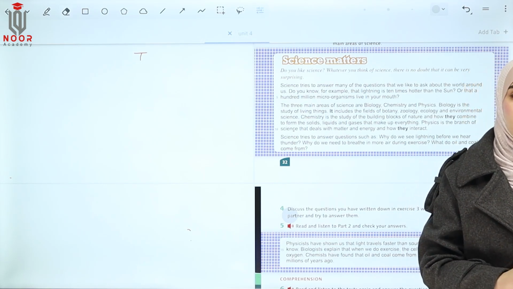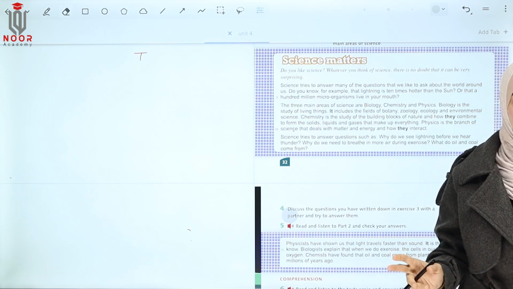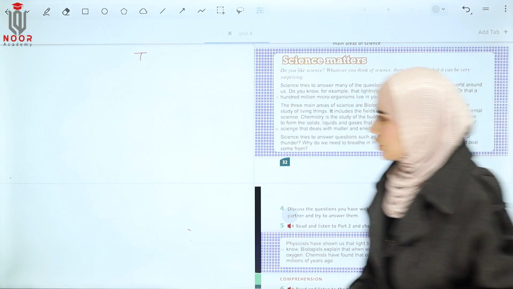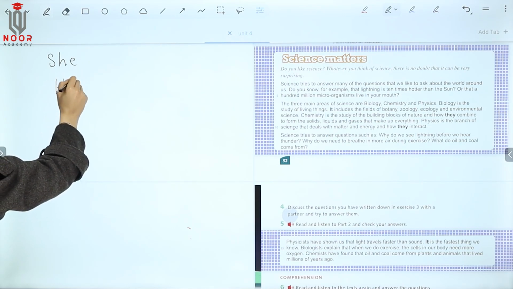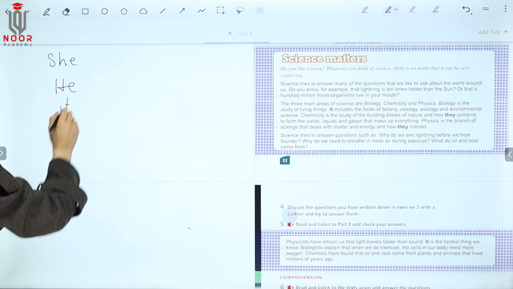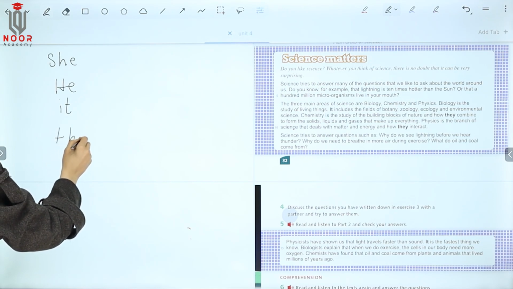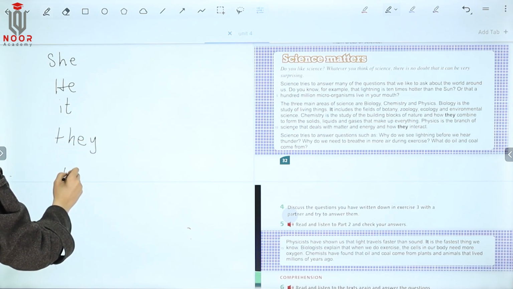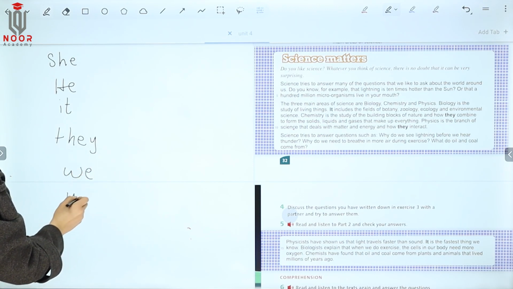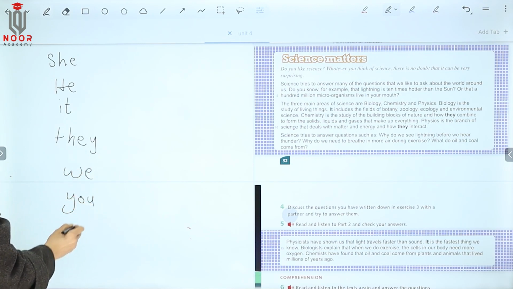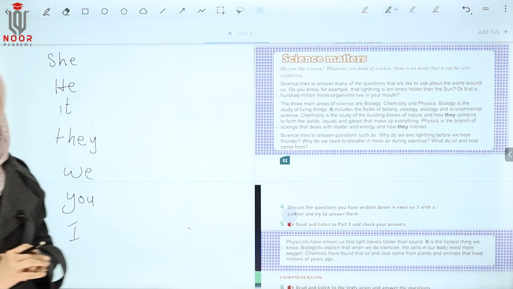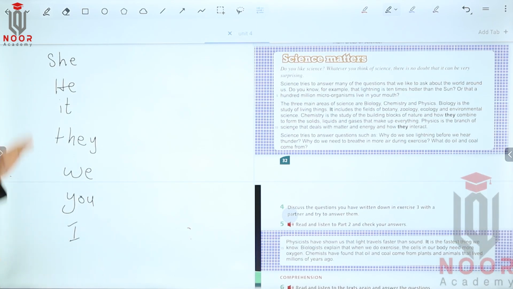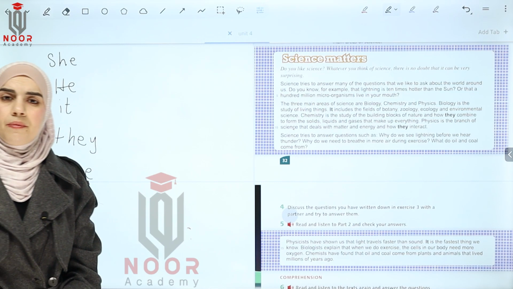She, he, it, they, we, you, I. Let's go to put them here. So it's very important to know the main 7 subject pronouns in our English.